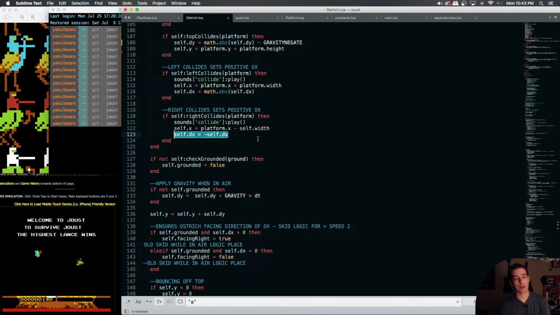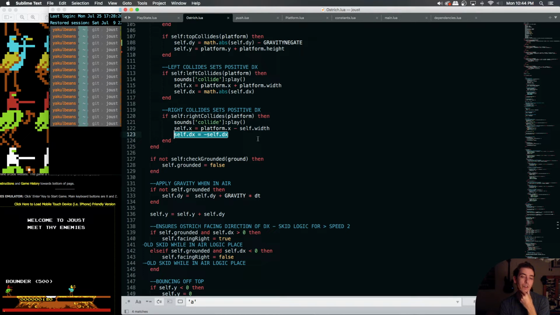Because now that we're not setting our x position, that means we're basically always going to be detecting a right collision in the couple frames that we collide, if that makes any sense.